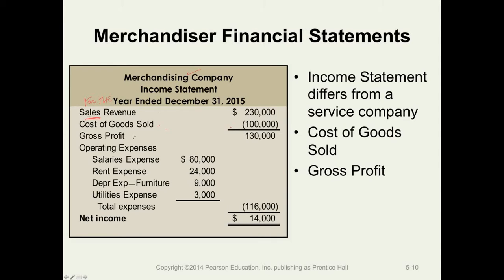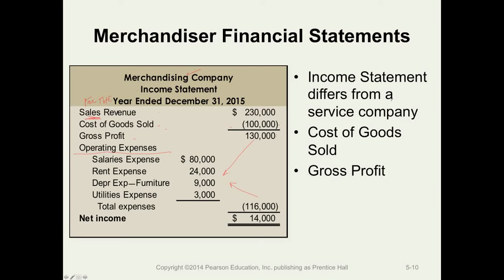Sales minus cost of goods sold is gross profit, and then we subtract out our operating expenses to get our net income. So the gross profit is going to contribute toward covering these operating expenses and contribute to the overall profitability of the company. Remember that if you cannot sell a product with a very high or strong gross profit, you may not be able to cover these expenses and you're going to incur operating losses.